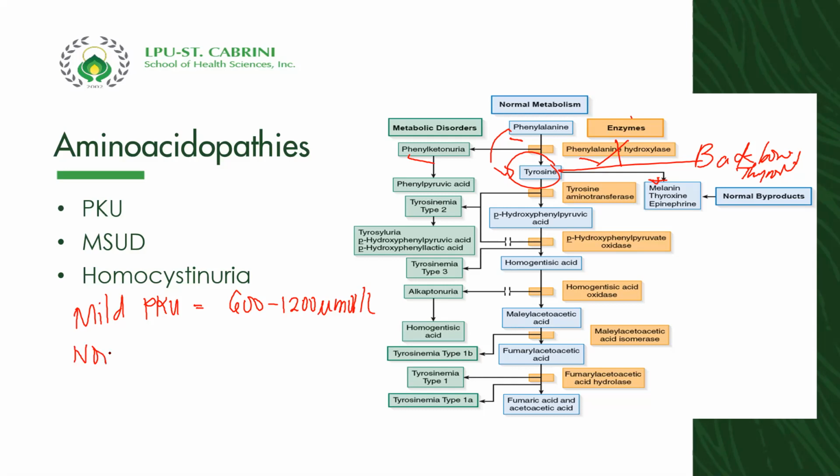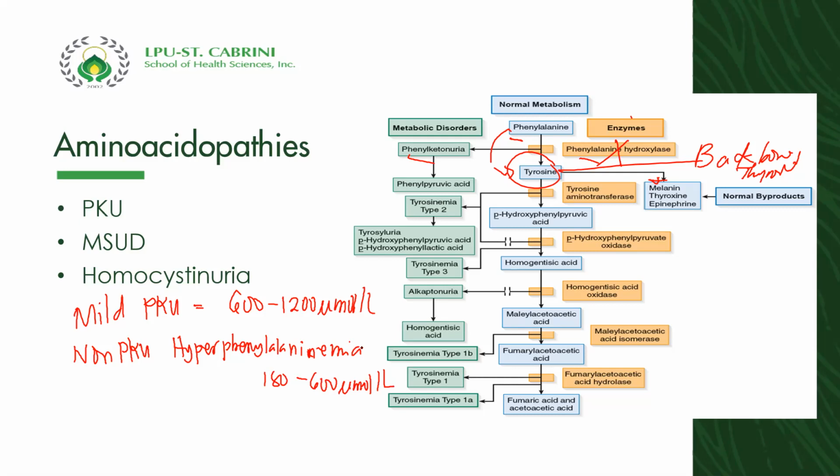While non-PKU but considered as hyperphenylalaninemia is seen between 180 to 600 micromoles per liter.